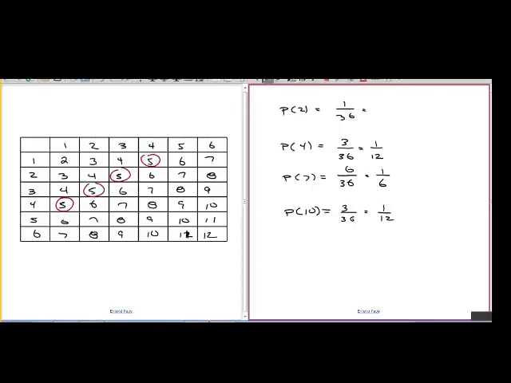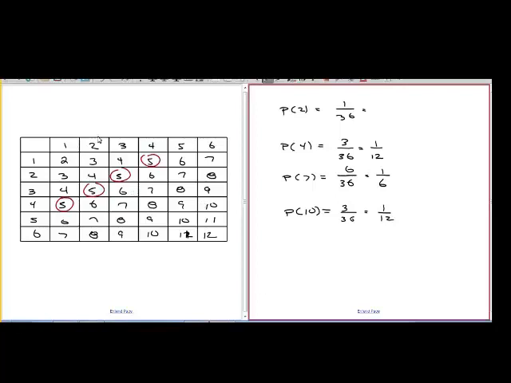Those are the probabilities. The sum that has the highest probability ends up being 7, which has a probability of 1/6. So if you roll the dice, 1 out of every 6 times you'll get the sum of 7.